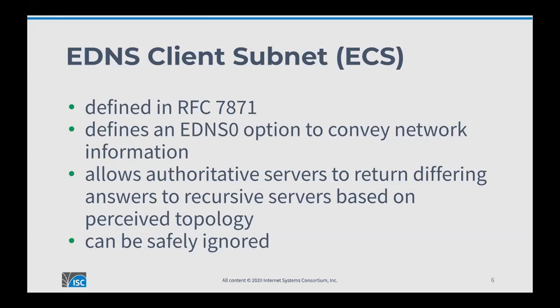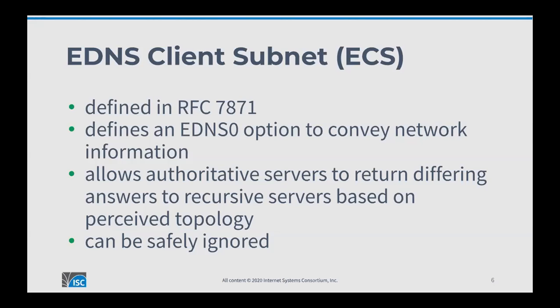Now, in the old days of the DNS, we were in a world where clients typically asked their ISP resolvers the question, and those resolvers then went out and got the answers for them, or the clients asked enterprise-level resolvers, and then they went out and got the answers for them. So there was more of a geographic-based element to all of this. These days, we have very large recursive server providers.